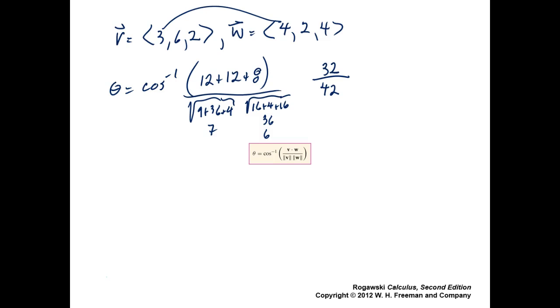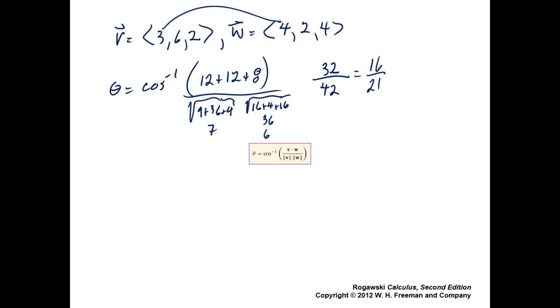Okay. And by the way, that could be reduced to 16/21 if you want to plug in smaller numbers. Same number of digits. Right. If you're using a calculator anyway, what difference does it make?